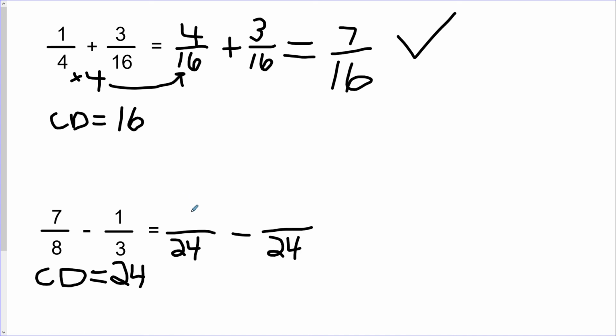And in this particular problem, whatever we did to the bottom, we do to the top as well. So 8 times 3 gets you 24, so you do 7 times 3 to get you 21. And 3 times 8 gets you 24, so you would do 1 times 8 to get you the top number.